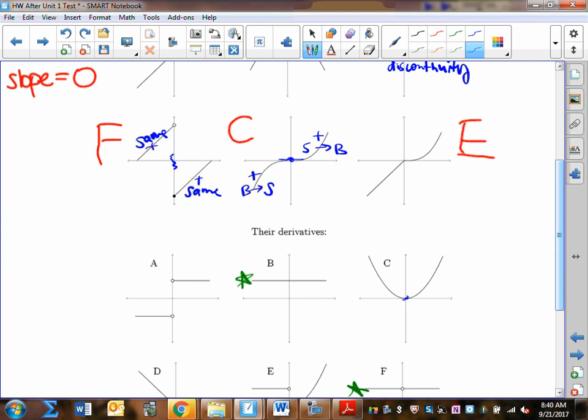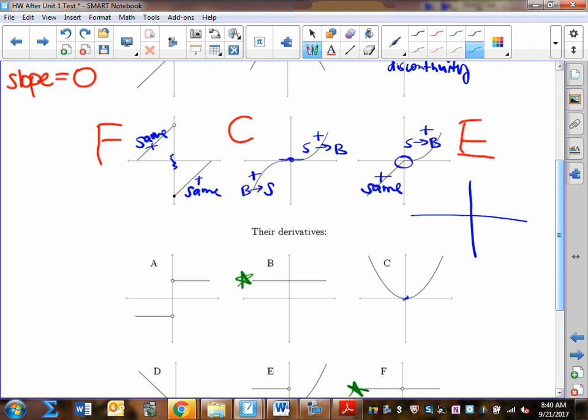And then with E, we've got that corner cusp looking thing, so we have that discontinuity. My derivative will not be defined there. Again, positive slope, it stays the same positive slope for that entire interval. Here, positive slope, but it changes from a small slope to a big slope. So I should expect to see on my graph, I can even come up with the graph just with this information.